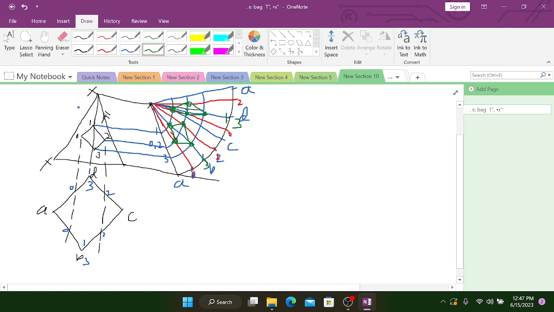Then here I have to connect this line and these lines: this AB as a line, BC as a line, CB as a line, DA as a line. And I also connect this up to here. This is what I am going to get at the end.